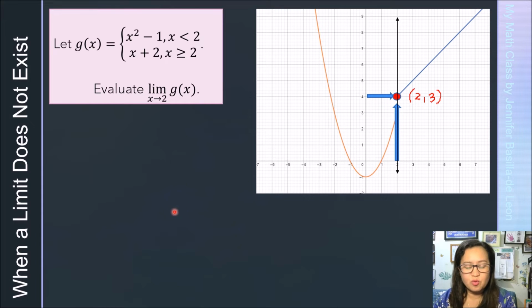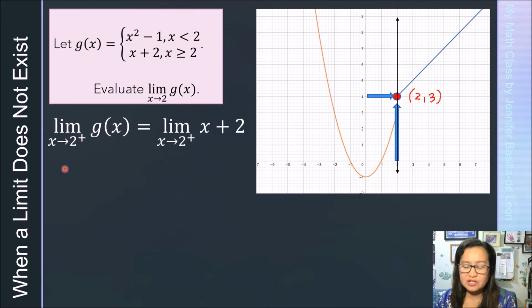Now let us support that with our table of values. We can say that the limit of g of x as x approaches 2 from the right is equal to the limit of x plus 2 as x approaches 2 from the right.